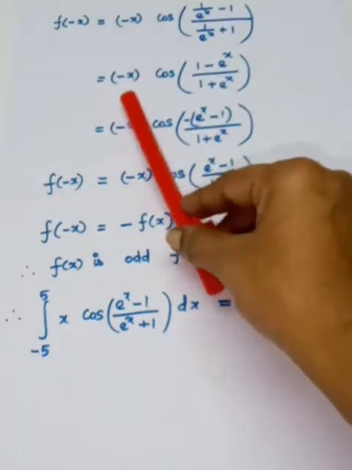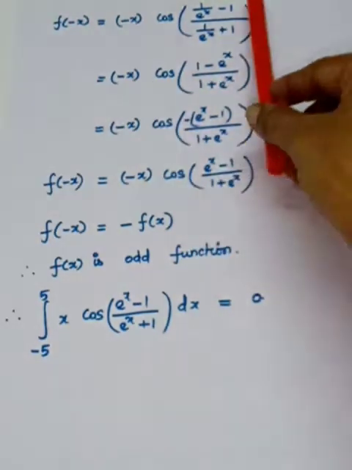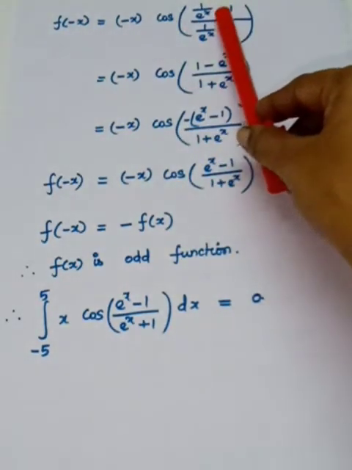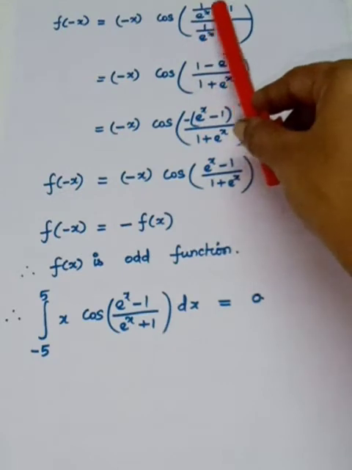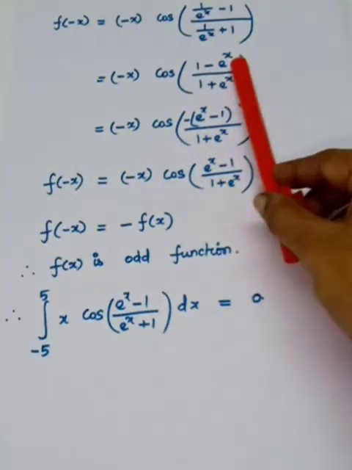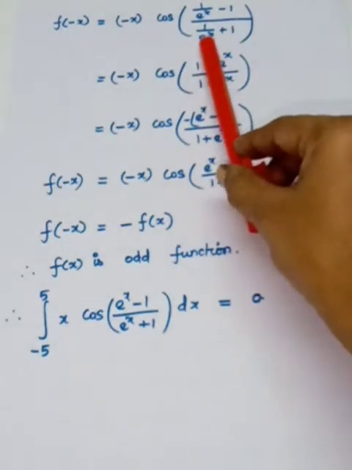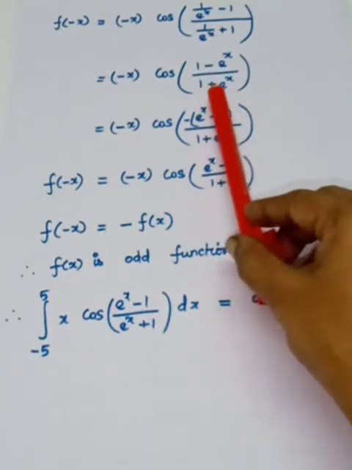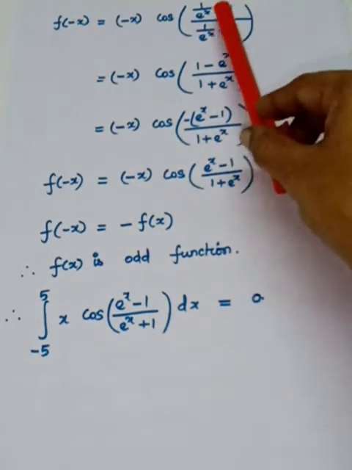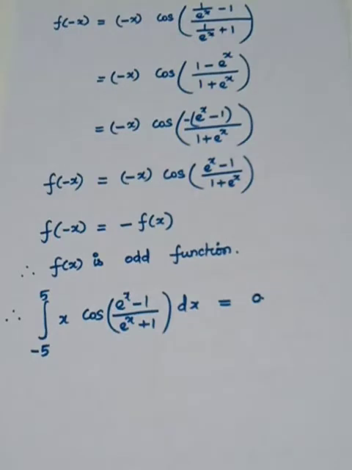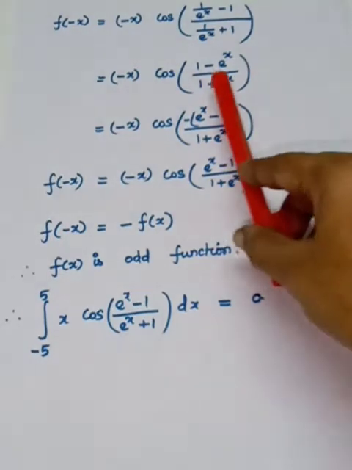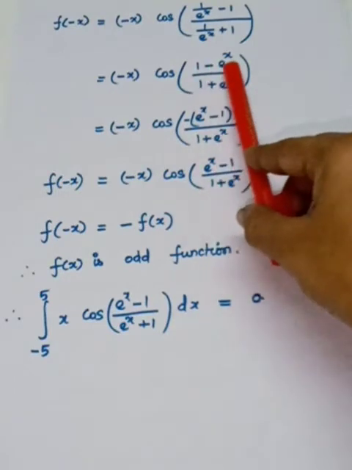The minus x you write as it is, cos of, you have to take the LCM. What is the LCM in the numerator? e power x. So the answer is 1 minus e power x. In the denominator the LCM is e power x, and it becomes 1 plus e power x. The numerator LCM e power x and the denominator LCM e power x get cancelled. So here you have 1 minus e power x.